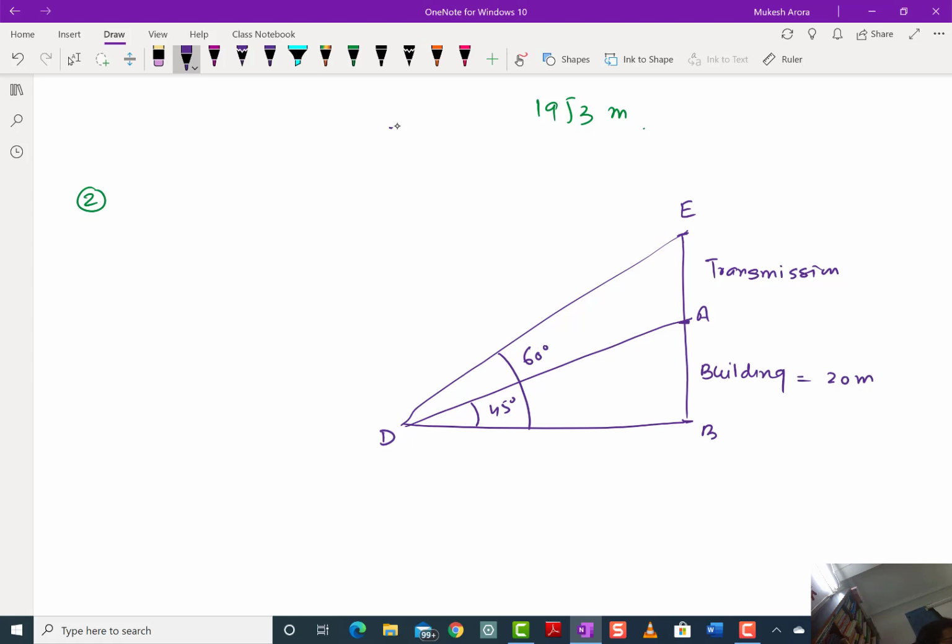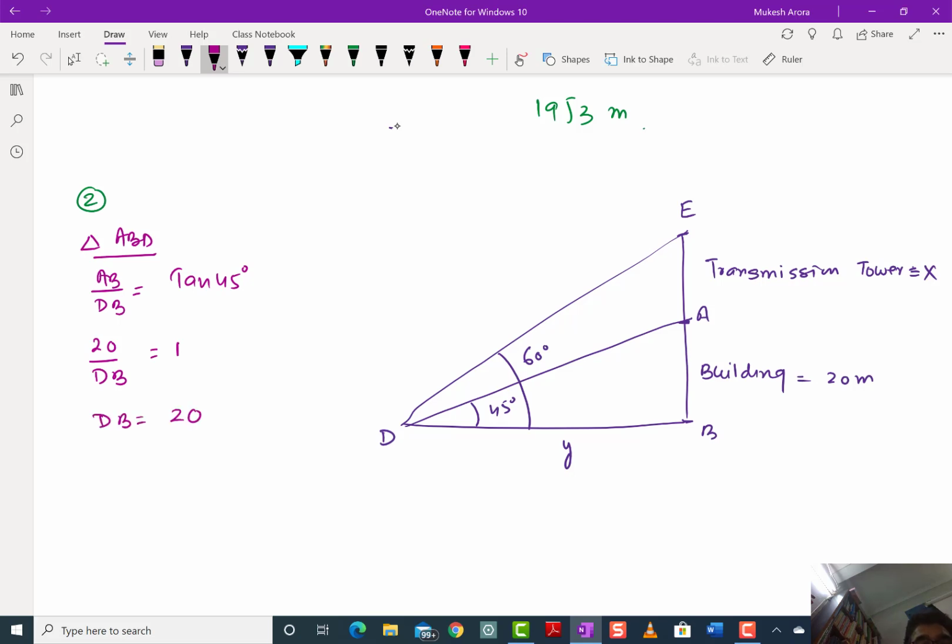We have to find the height of the transmission tower, it is X, and this we will take Y. Again we have two right angle triangles. ABD, where AB upon BD is equal to tangent 45, AB 20 upon DB is equal to 1, DB is equal to 20.